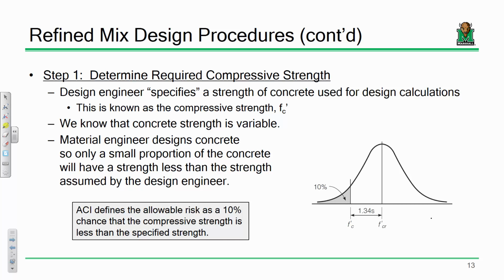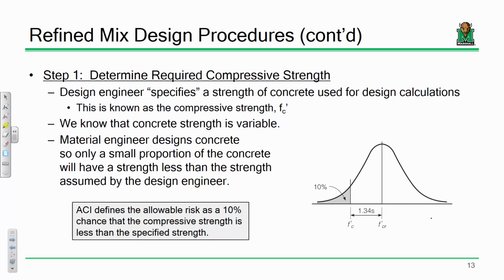What that means is this: if the engineer says, I got some concrete that I need you to mix for a beam design, and I designed it for a compressive strength of 4 KSI, 4,000 PSI, then when we design our mix, we are not going to use 4,000 PSI. We are going to bump it up such that there is a 10% chance that the compressive strength is lower.